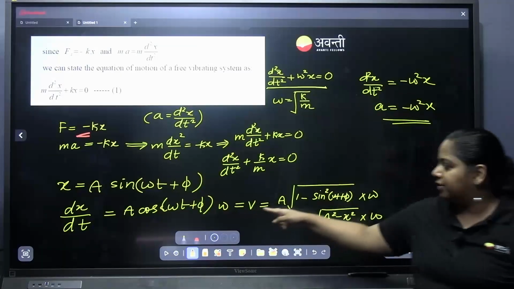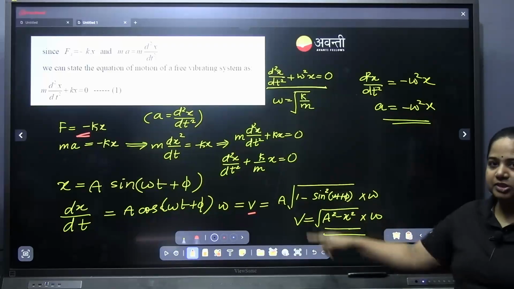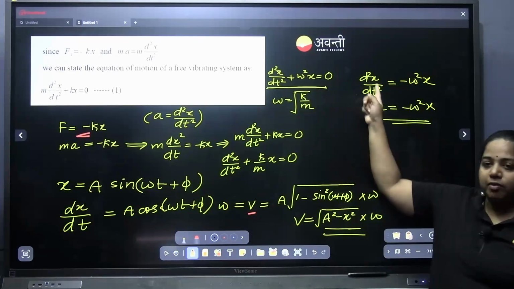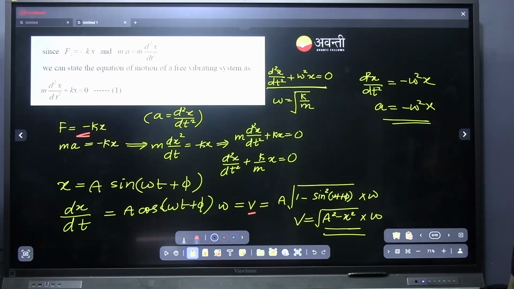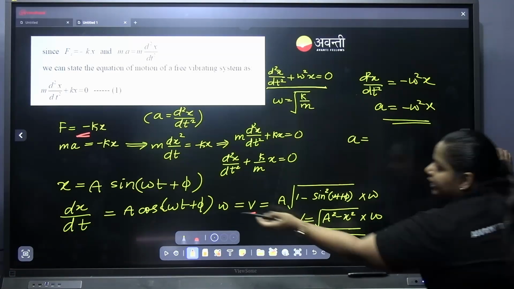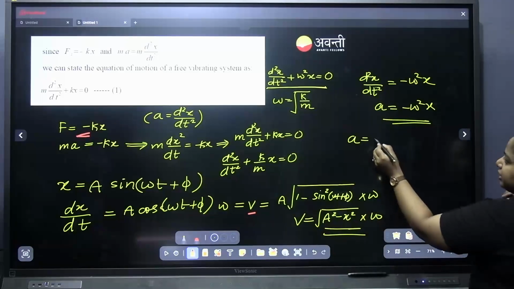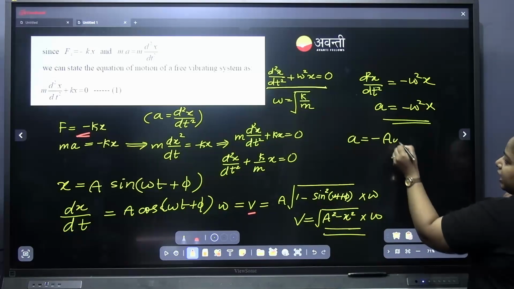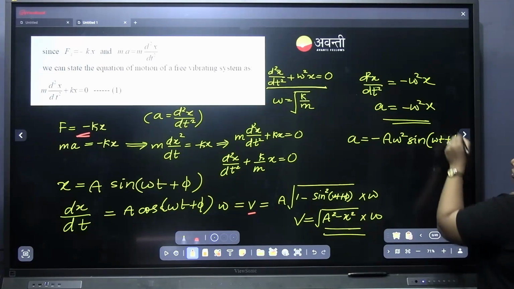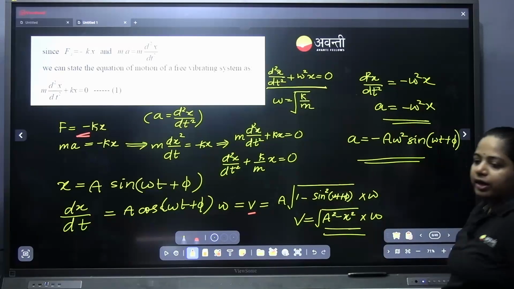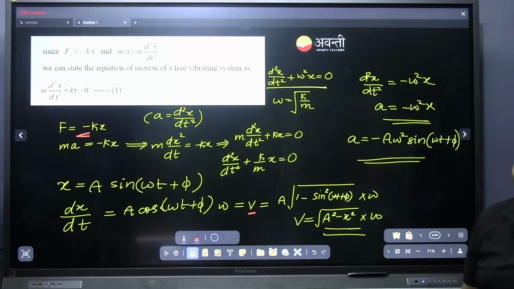Then on differentiation we will get velocity of the SHM, and from this only we will get acceleration of the SHM. Other than this, if you differentiate velocity, you will get this equation also for acceleration, minus a omega square sine omega t plus phi. If there is no doubt, we can move on.